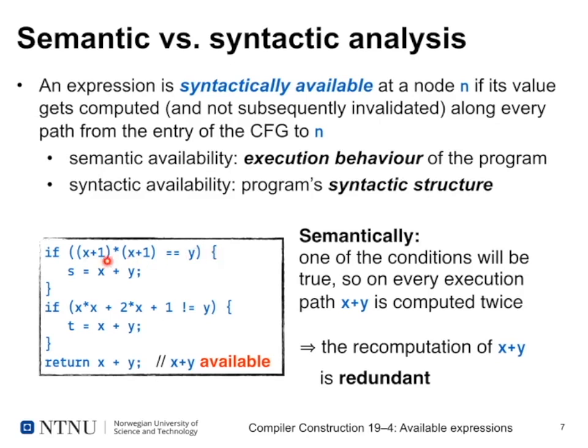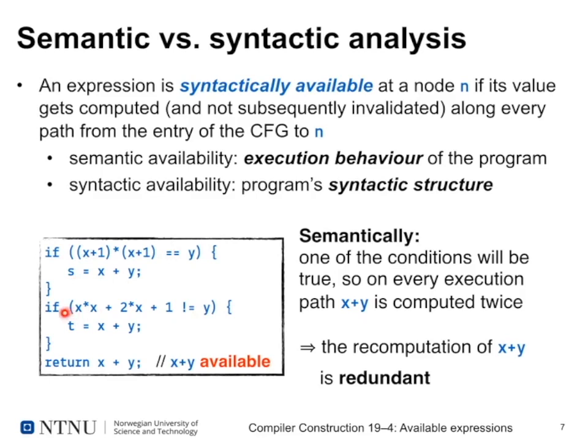Essentially what we're doing here is using two if conditions. The first one calculates the expression x plus 1 times x plus 1, so x plus 1 squared obviously, and compares this to y, and if this is equal to y, we assign x plus y to a variable s.